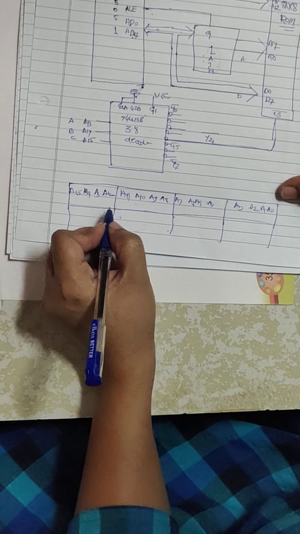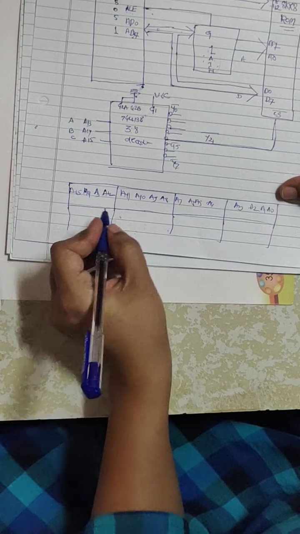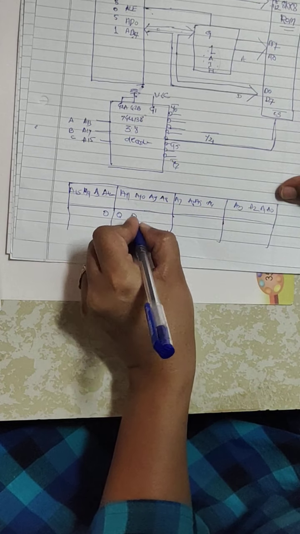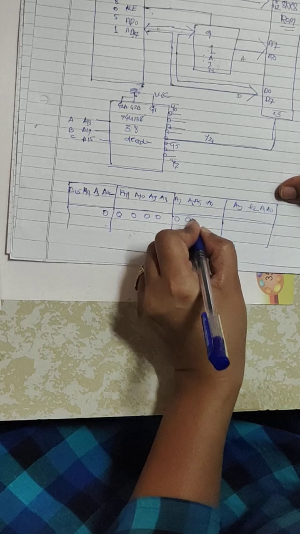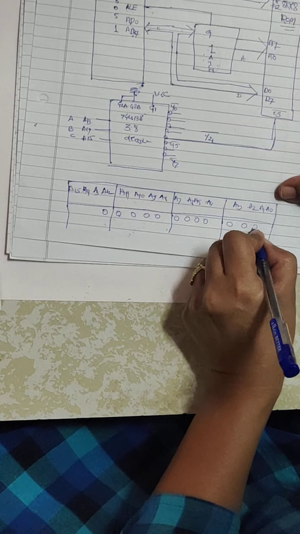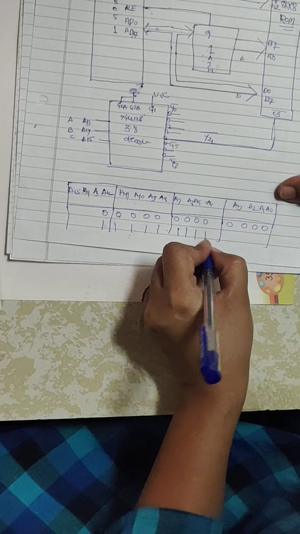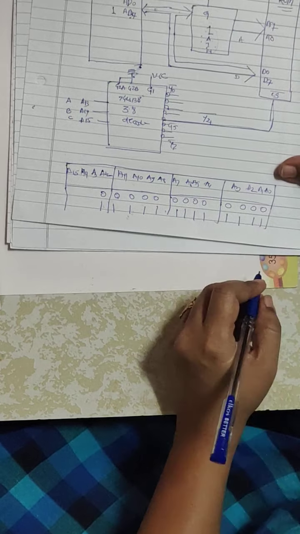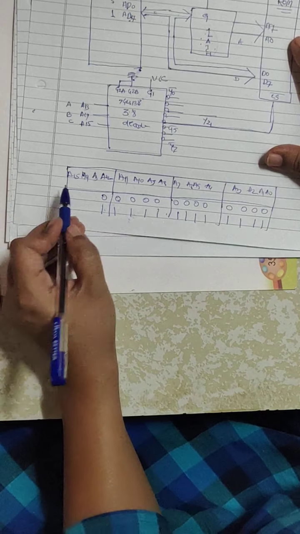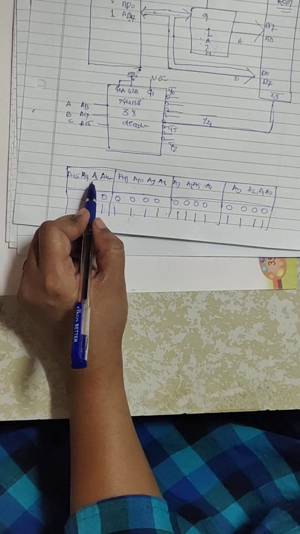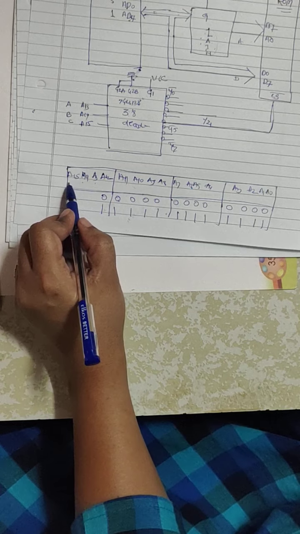For the starting address, all the 13 pins, A0 to A12, must be 0, and for the end address, all the 13 pins must be 1. Now for the chip select signal, we have used A13, A14, A15.